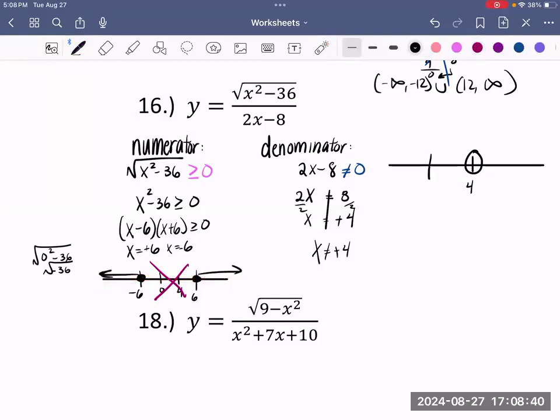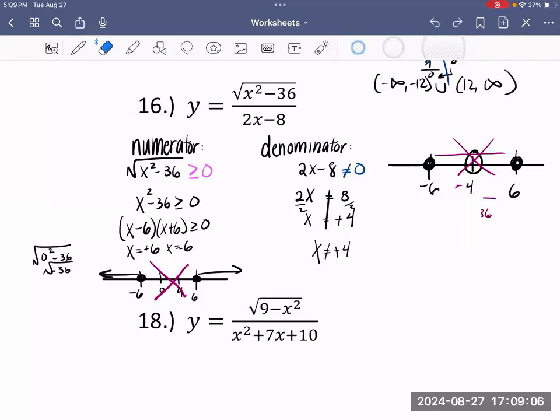So your domain here, while negative 6 and 6 are all right, and while 4 we definitely want to skip, any value in here will cause a negative response.